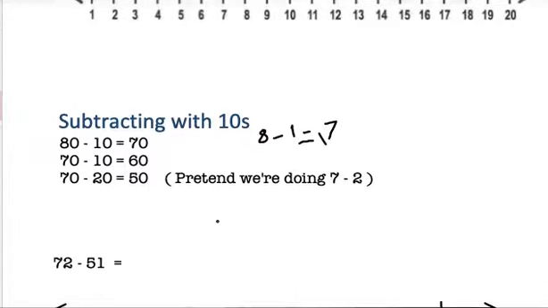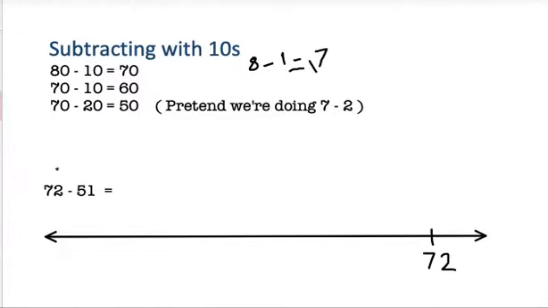I'll show you how to do this with this example, 72 minus 51. In this example, what I'm going to do first is pretend that I'm saying 72 minus 50, okay? Now, this time, my 72 is not a 70, but I'm going to pretend it's 50.